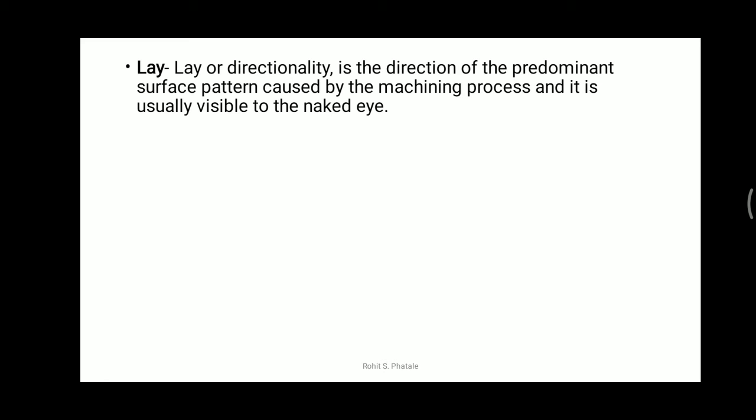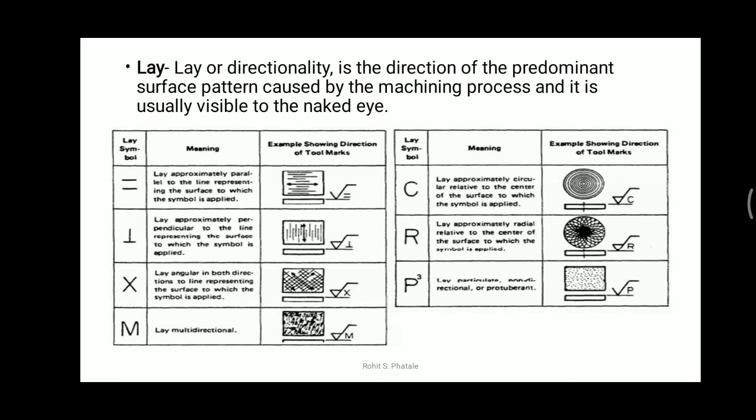So that pattern or direction of the machining process can cause this defect, and this defect is known as lay. There are some symbols using which the designers can suggest to the machinist how to finish the product.